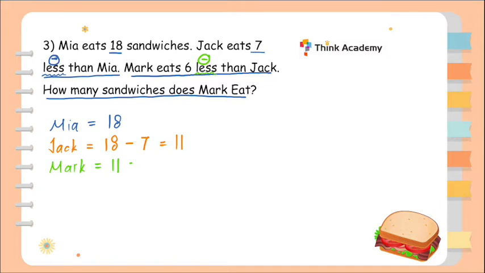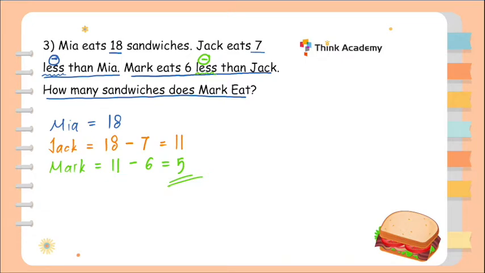If we are minusing from Jack, we'll be minusing how many? 6. And that gives us, for Mark, how many sandwiches? 5. So now, have we reached our answer? Yes, because we're looking for how many sandwiches Mark eats. And that is 5 sandwiches.